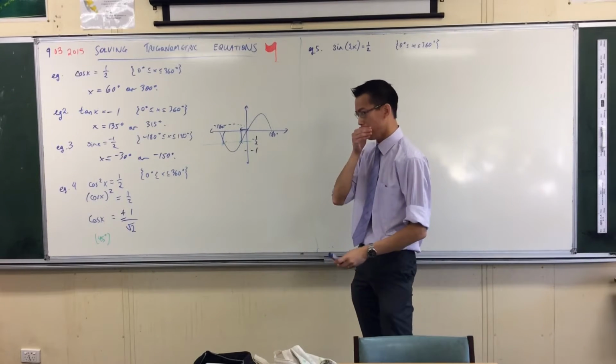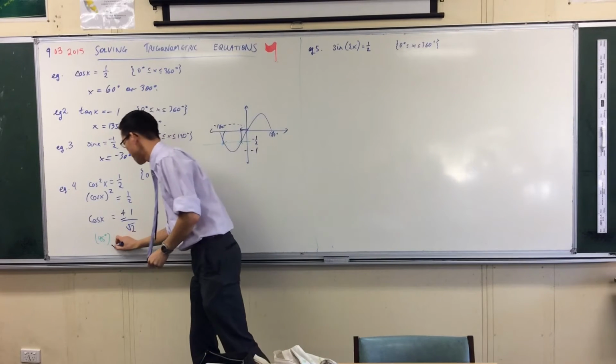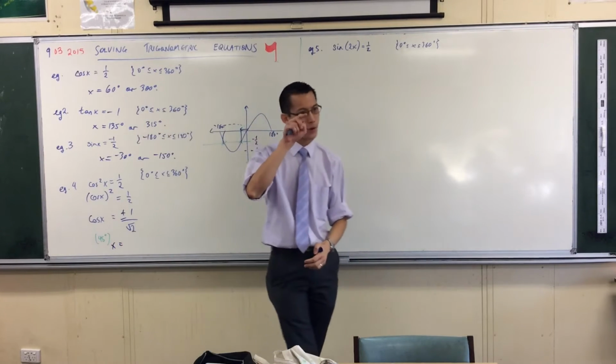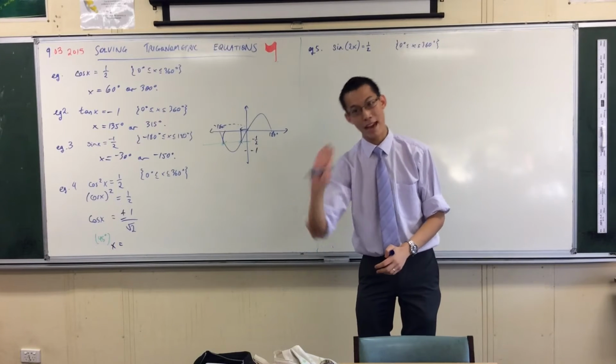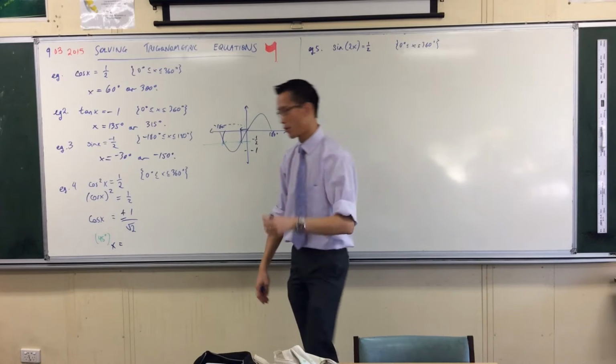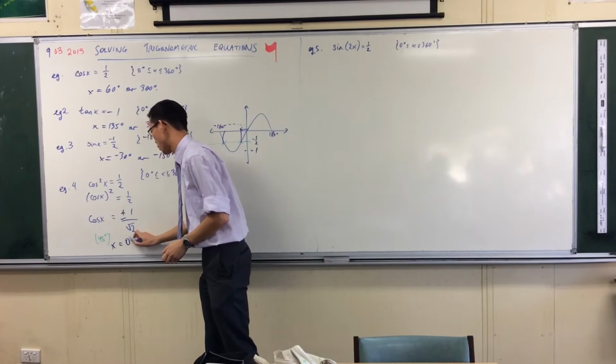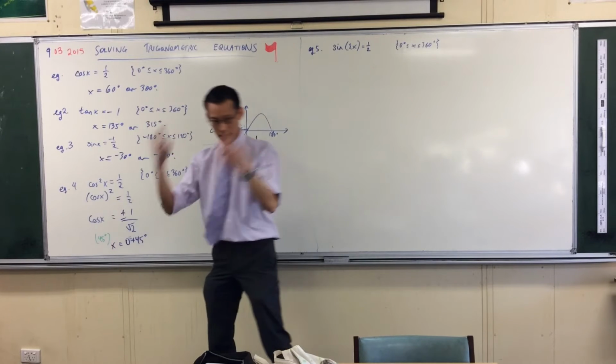So therefore, I can go straight to writing my 4 answers, knowing that I have to look at 45 in the first quadrant, second quadrant, and third quadrant, and fourth quadrant, okay? Just to make it really instructive for you, I'm going to put an extra step in, which you don't have to put in, but it helps to think about this.